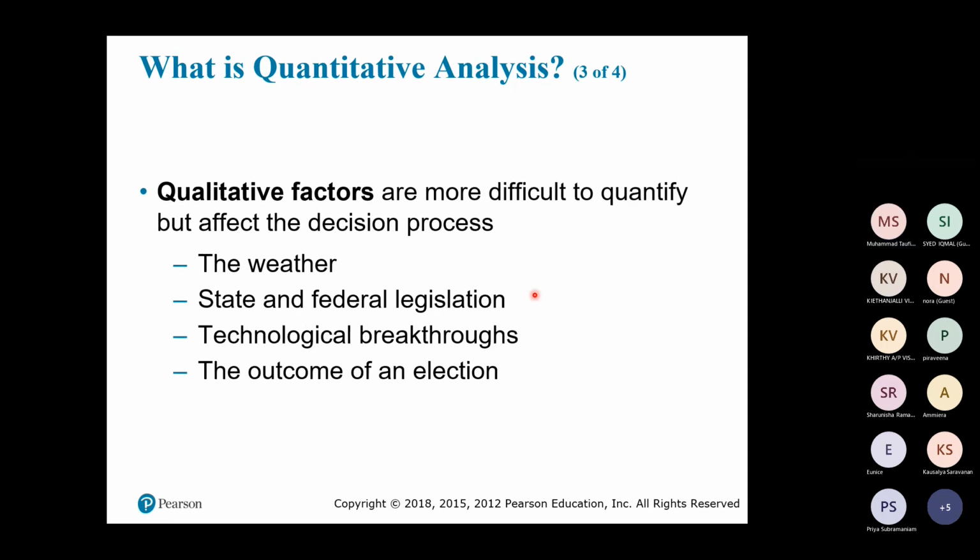All right. So qualitative factors are more difficult to quantify but affect the decision process. Because we are dealing with quantitative data, we only care about numbers. But there is another analysis, which we call qualitative data. Qualitative data is another type of data where you have to analyze word by word.